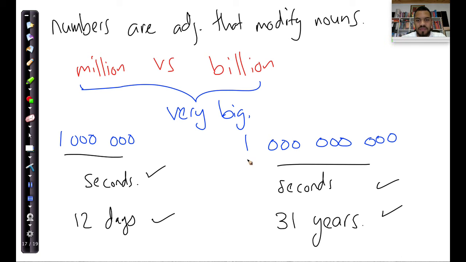Because a billion is 1,000 millions, it's like multiplying 12 days by 1,000. So in this example, 1 billion is clearly bigger than 1 million.